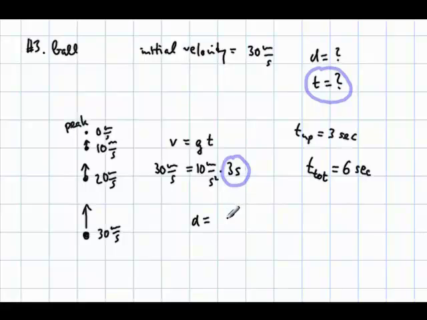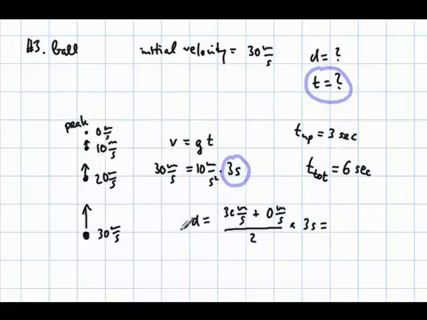One of the equations says that you take the initial velocity, 30 meters per second, you add the final velocity at the peak, 0 meters per second, you divide by 2, and this is in a footnote, this equation, times the time that it takes, which is 3 seconds.